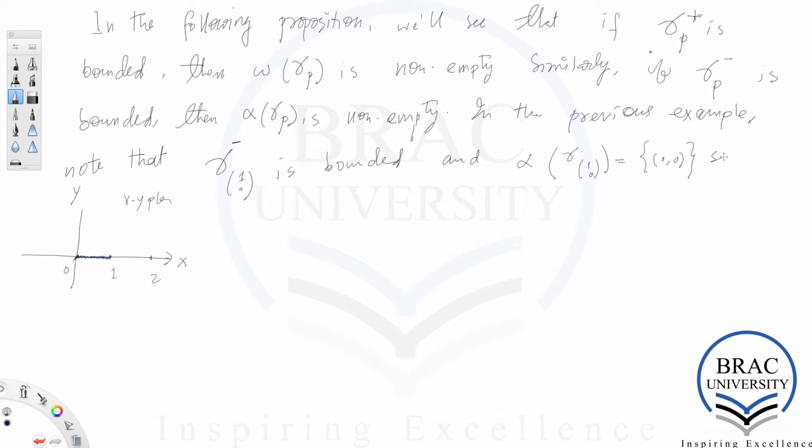So indeed, we see that the alpha limit set of this orbit of the 1, 0 vector is indeed non-empty, right?